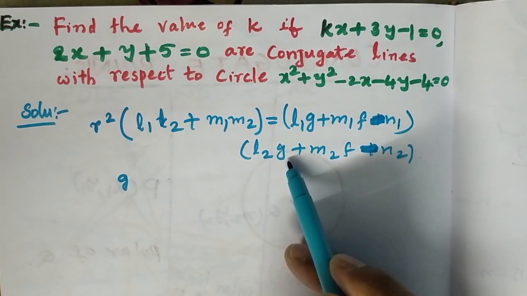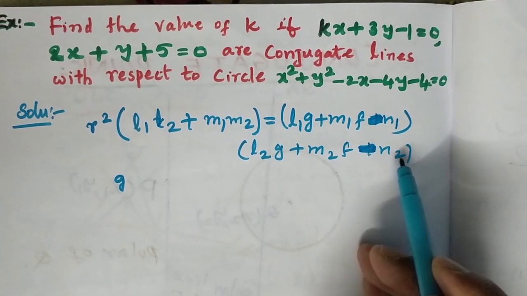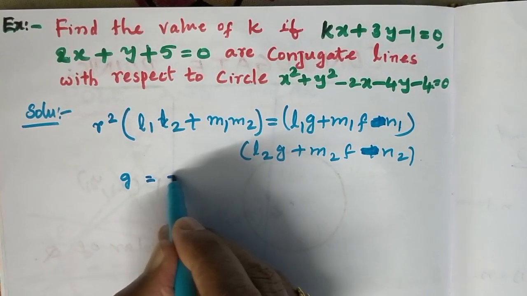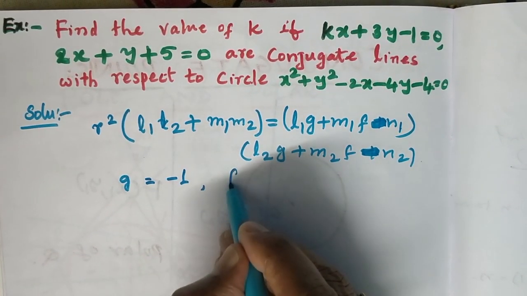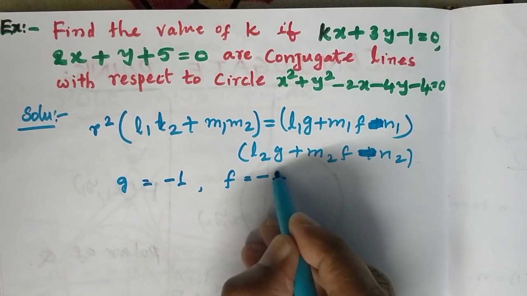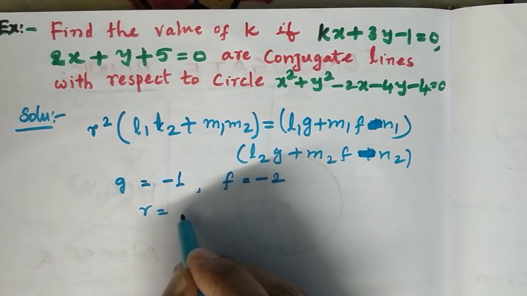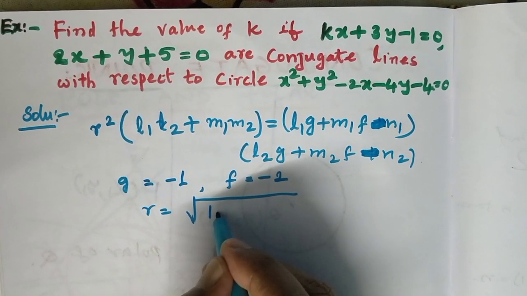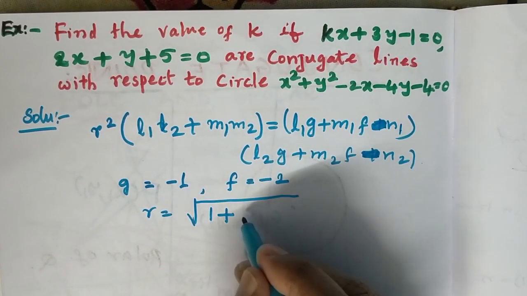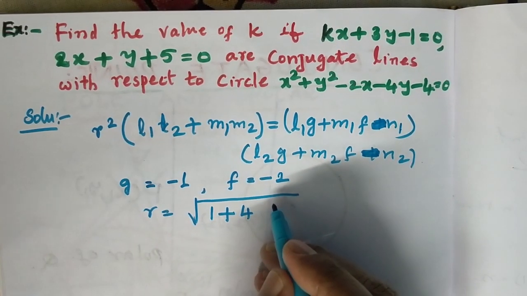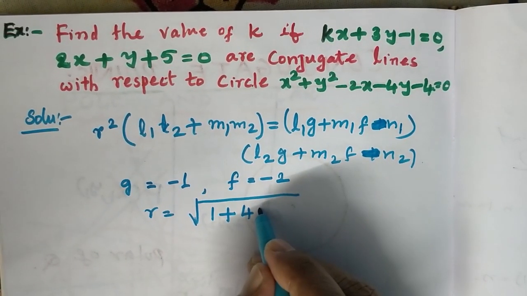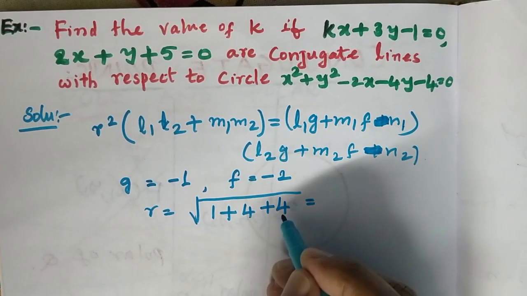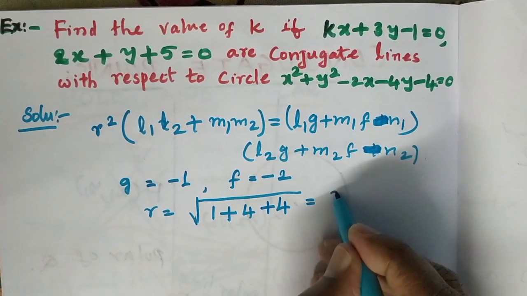(L2 g plus M2 f minus N2). Here g = minus 1, f = minus 2, r is equal to the square root of g square, that is 1 square is 1, plus f square, 2 square is 4, minus c, that is minus of minus 4, that is plus 4, which gives us root 9, that is equal to 3.